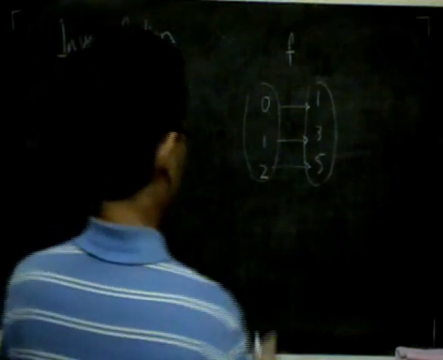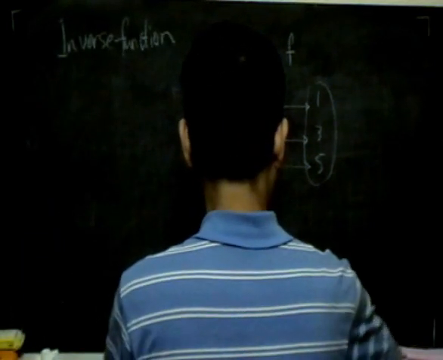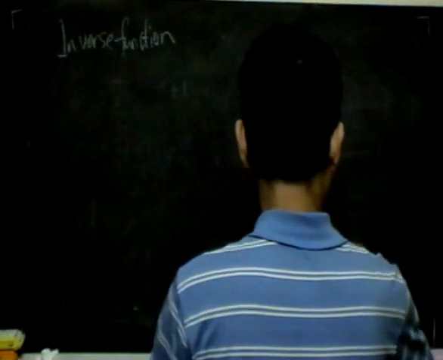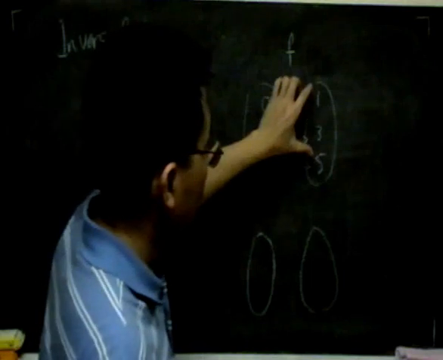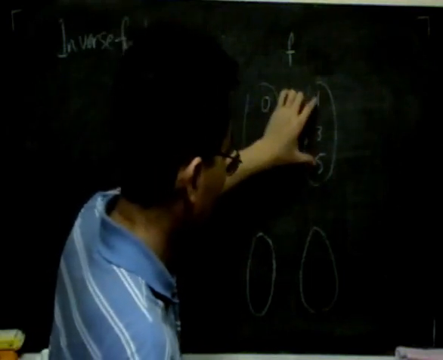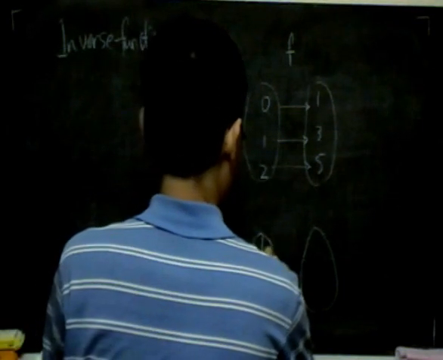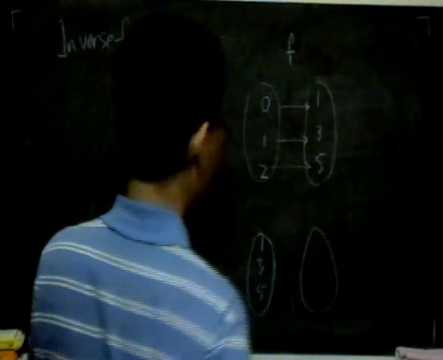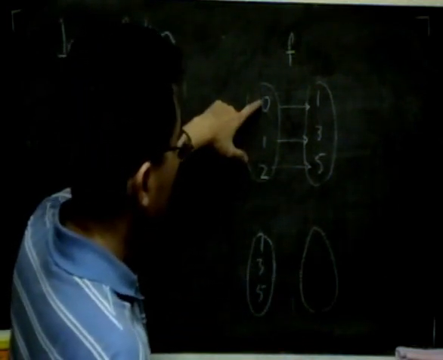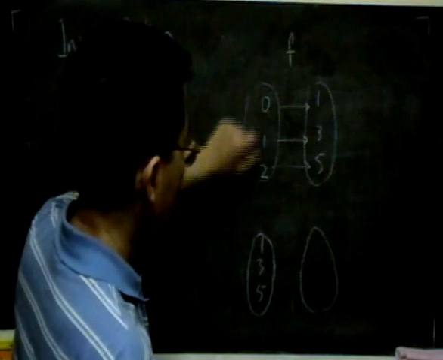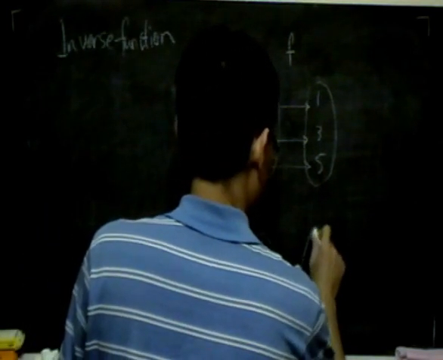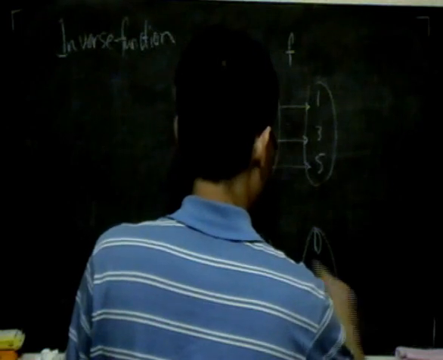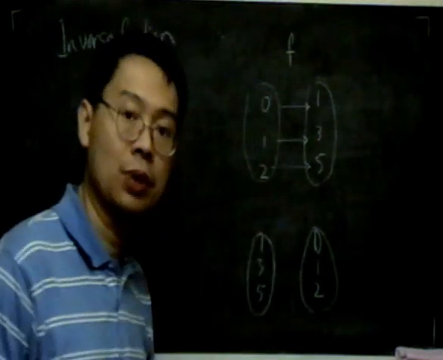Now what if I swap the two and I put the range, the numbers 1, 3, 5, down as the domain and I put the values 0, 1, 2 down as the range.